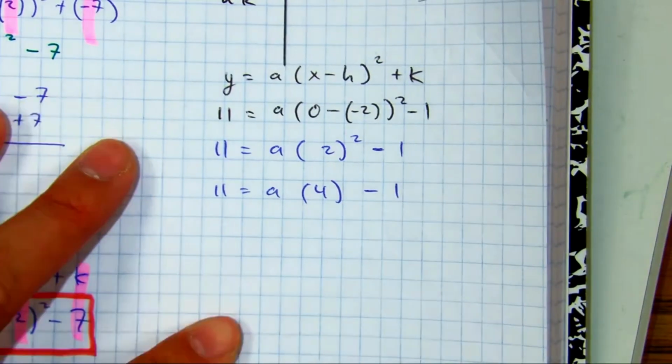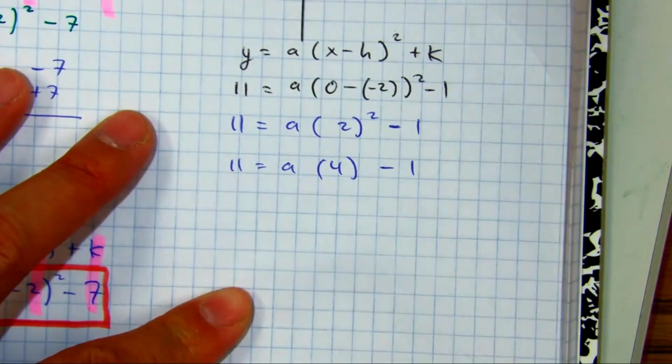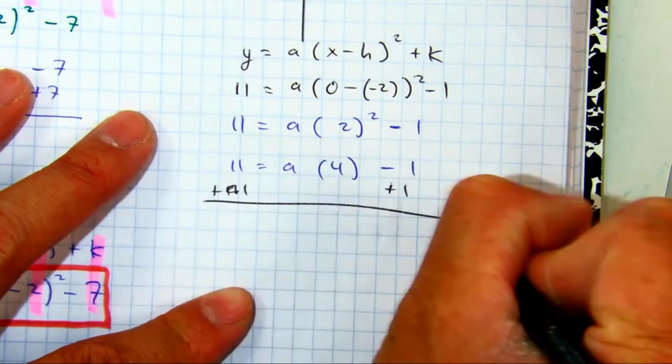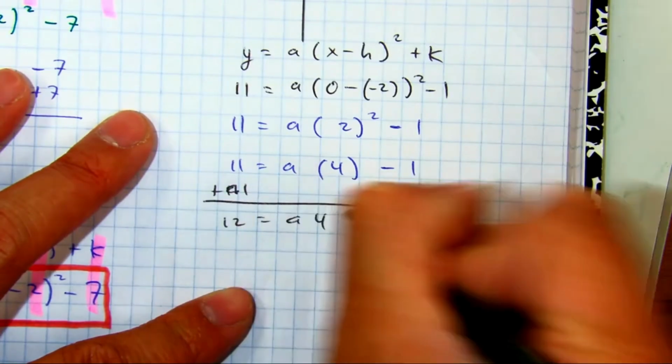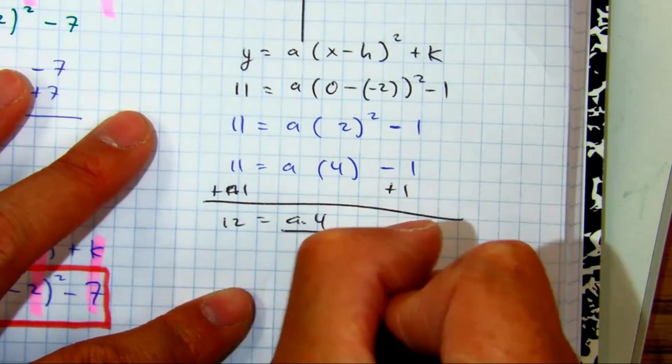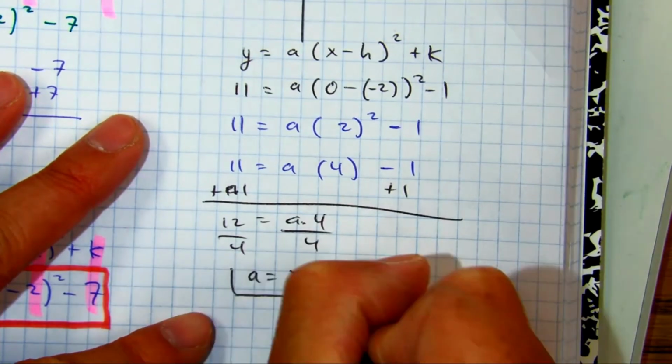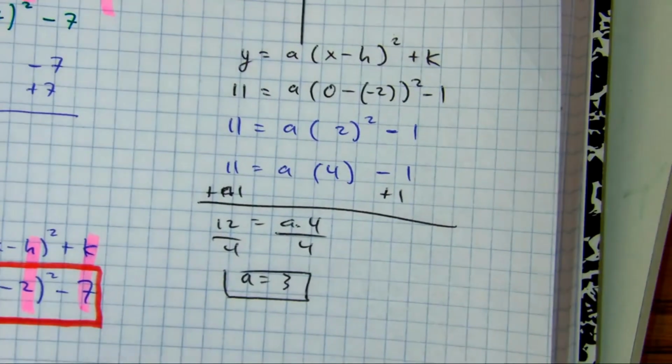How do I solve that? 4 equals 4A. A is equal to? 3. Raise your hand if you got 3.